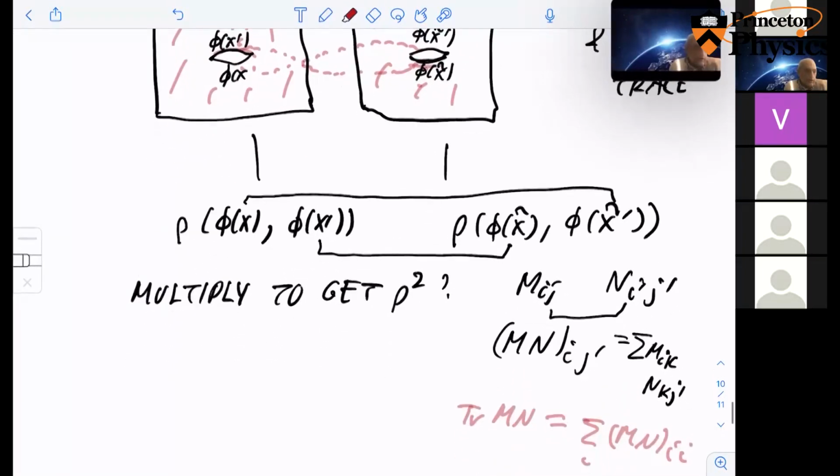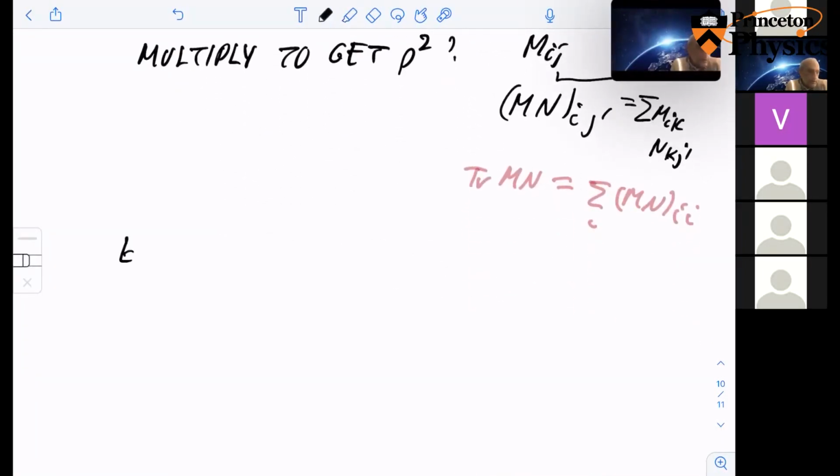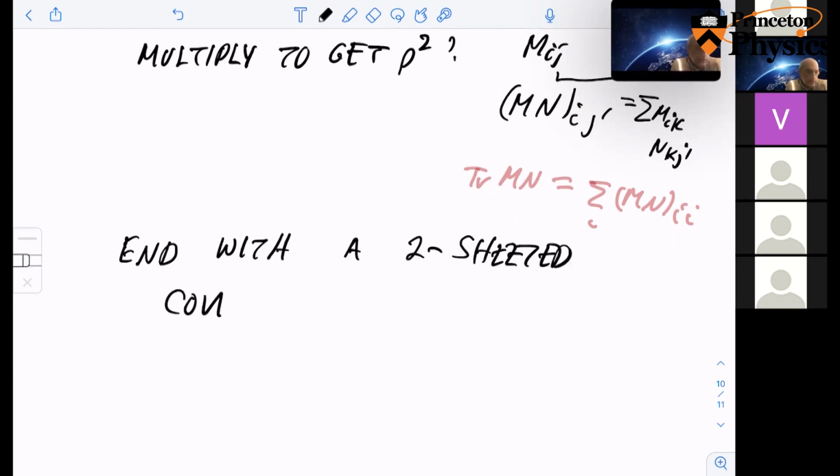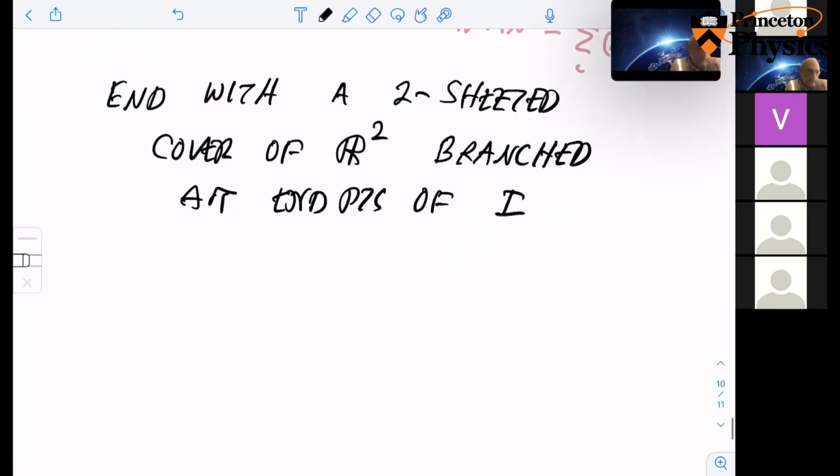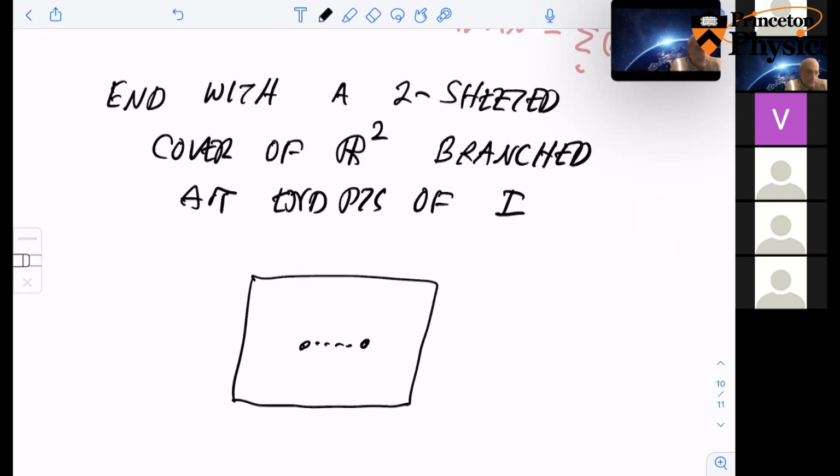So what we've produced is a two-sheeted cover of R2 branched at the endpoints of the interval I. There are two sheets which are distinct away from these endpoints.